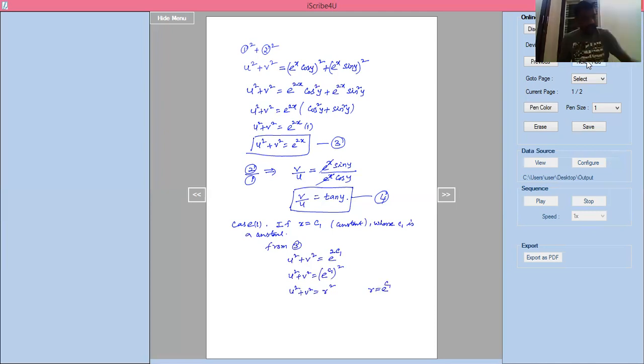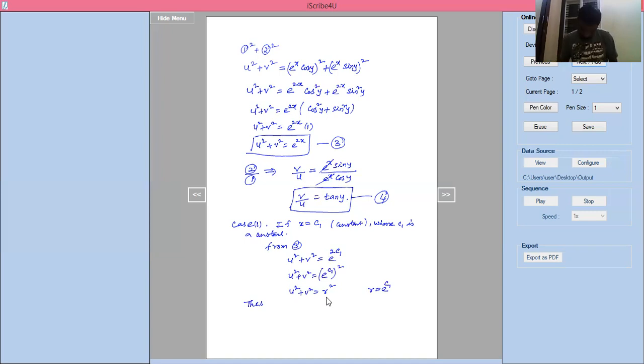So now I can say that this is one equation. This represents, when x equal to c1, u square plus v square equal to r square, where r is nothing but e power c1. U square plus v square is an equation of a circle.